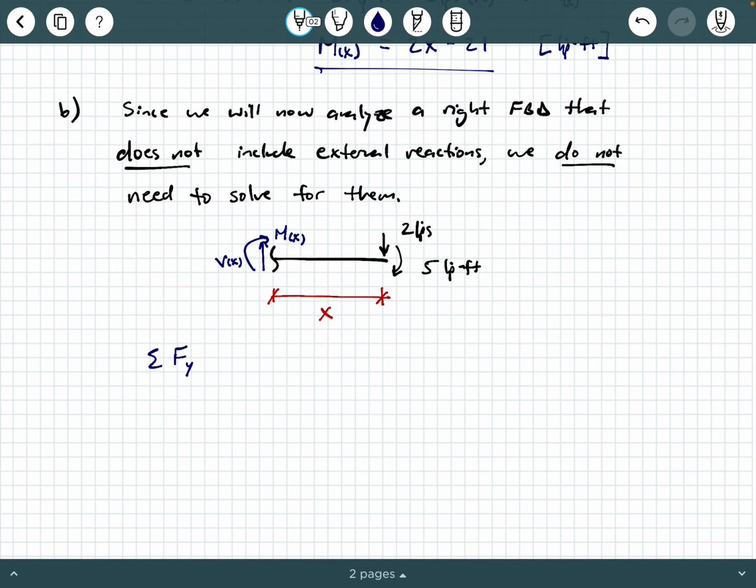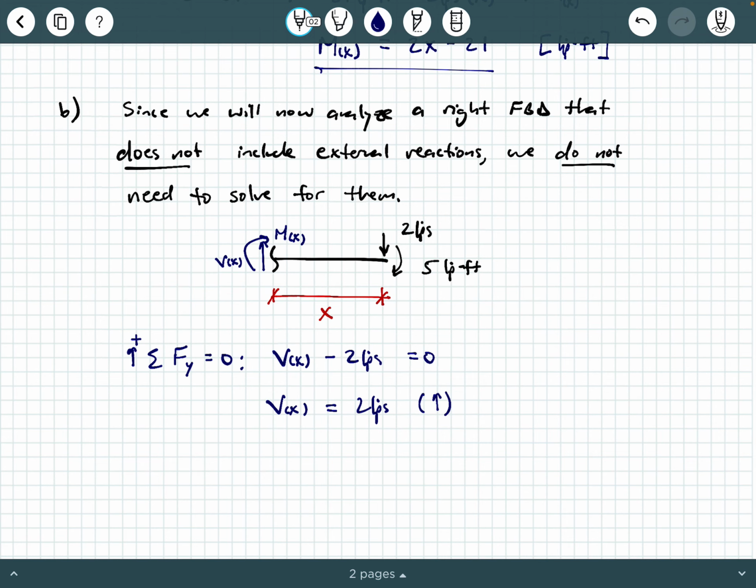I'm going to follow the same kind of process I did before. Sum of the forces in the y direction equals 0, up is positive, so V as a function of x minus 2 kips equals 0, so V as a function of x equals 2 kips, and we can show that as pointing up here.